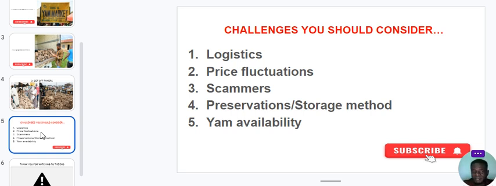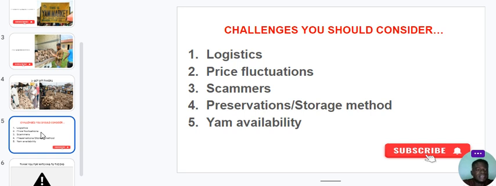And then another challenge you should consider is price fluctuations. Let's assume you're doing a pre-order for people, and you promise them 10 tubers of yam for, let's say, 15,000. One of the challenges is that when you get to the market to buy this yam, remember the last market you bought 100 tubers for 100,000.